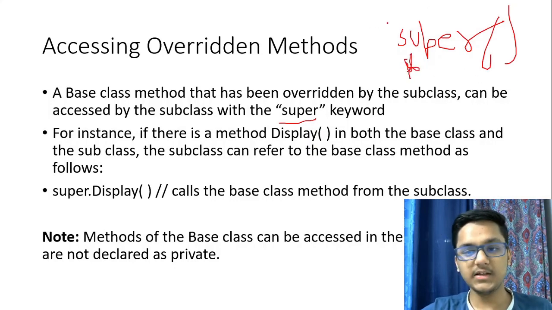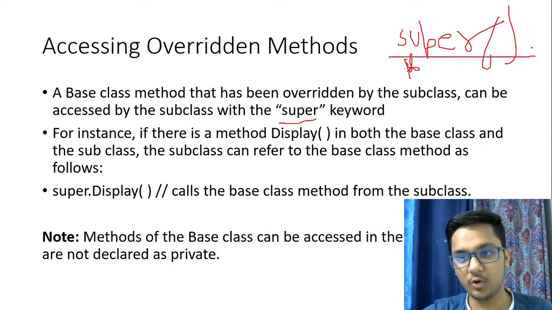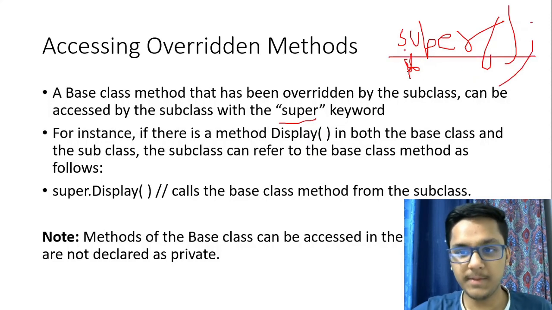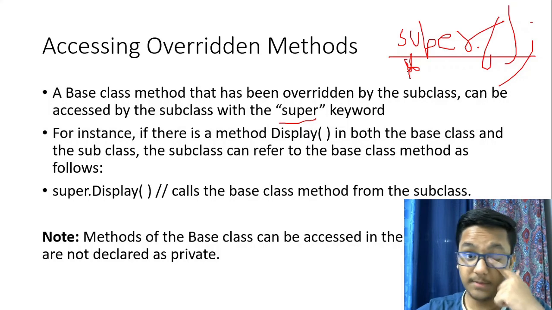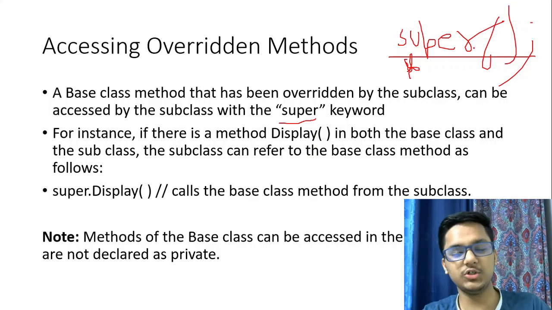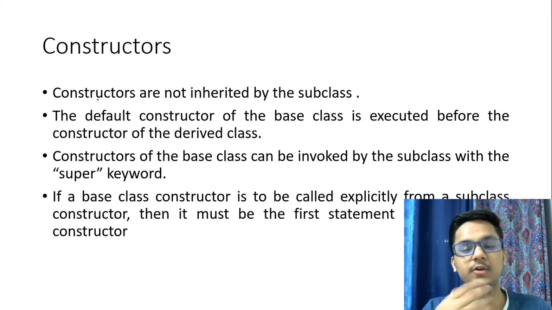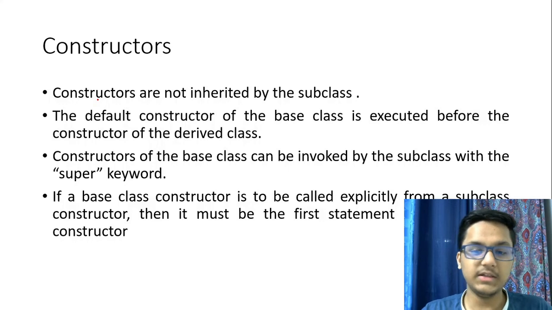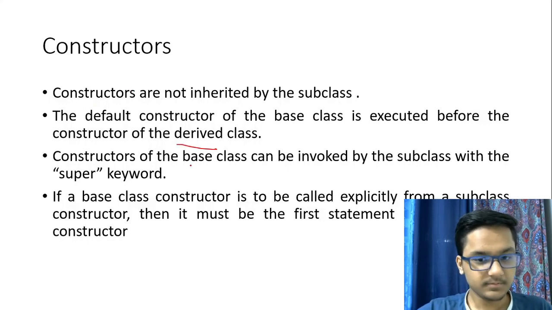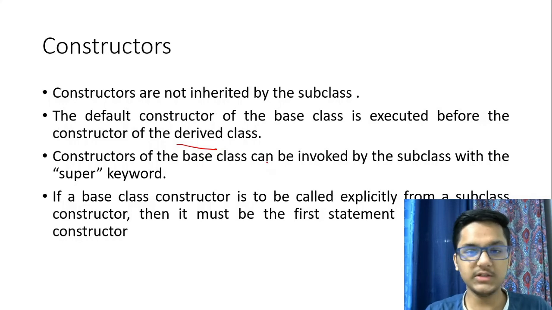So inside the constructor of the child class, you will be calling the constructor of the parent class by using the super keyword, and below that, you can have the normal initialization of the constructor. So this is essentially the thing. Constructors are not inherited. That's why you have to call them again. The default constructor of the child class is obviously executed, and parent constructors are called using the super keyword.